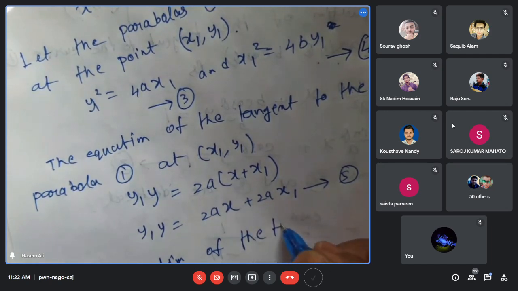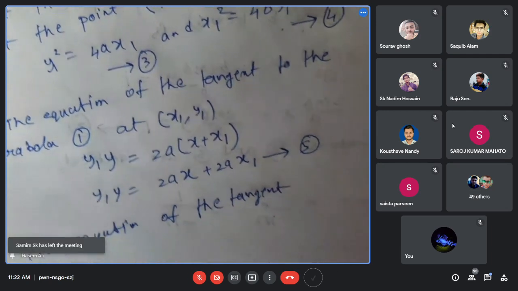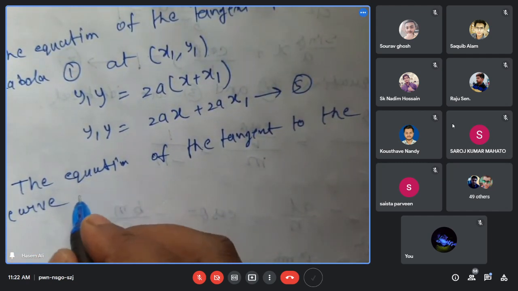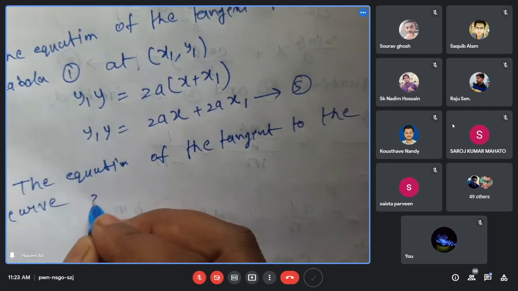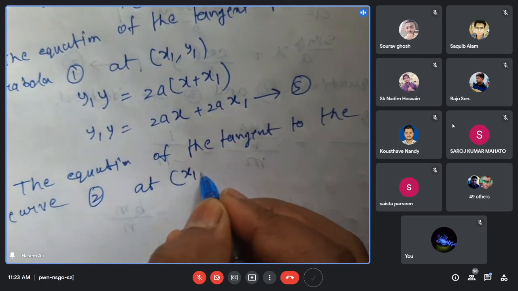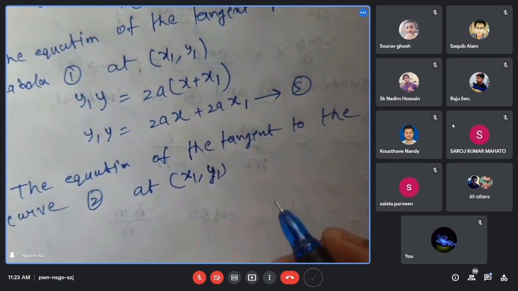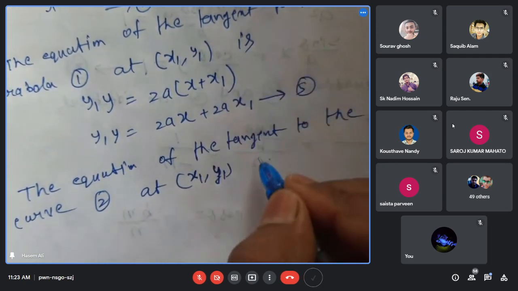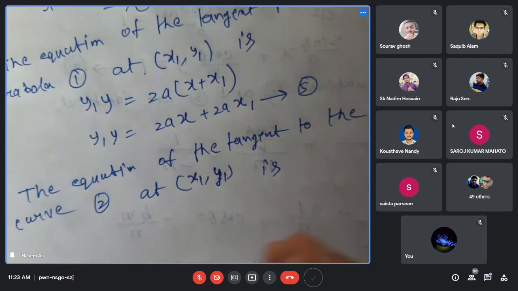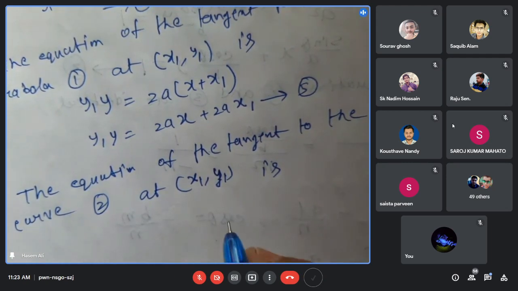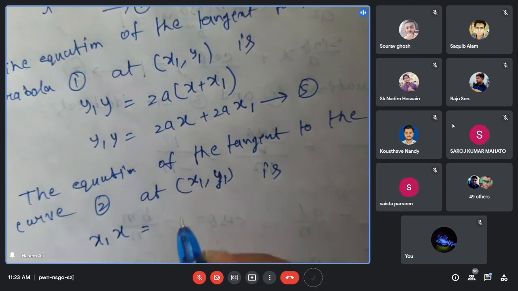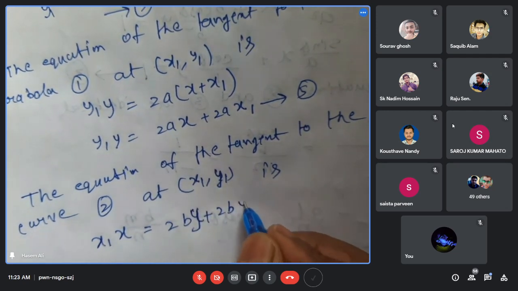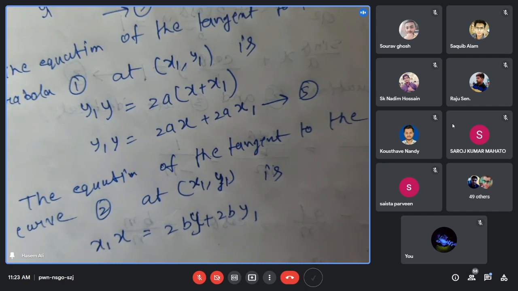And the equation of the tangent to the parabola 2 at the point x1 y1. The point of intersection is the same, only the curves are different. This is x square equals to 4by, so it will be x1 x equals to 2b into y plus y1.